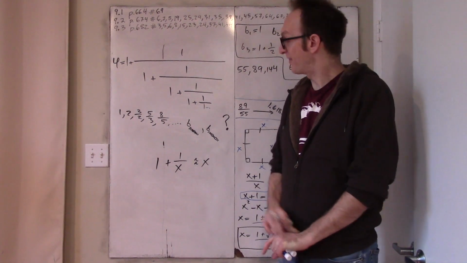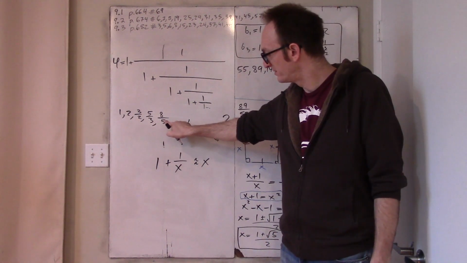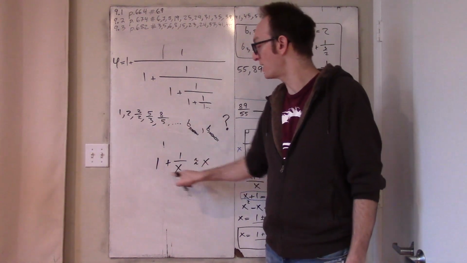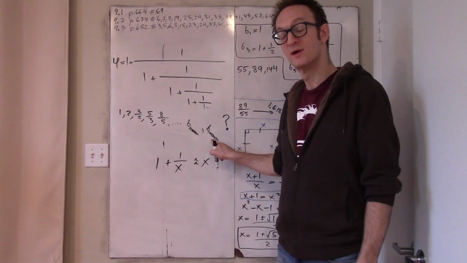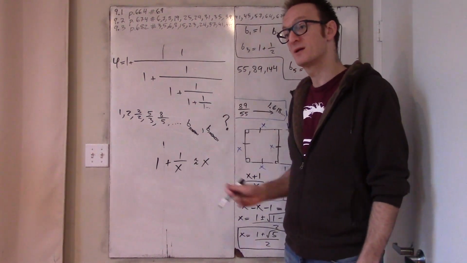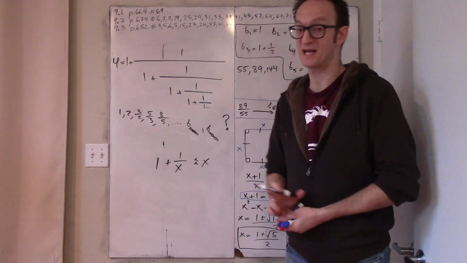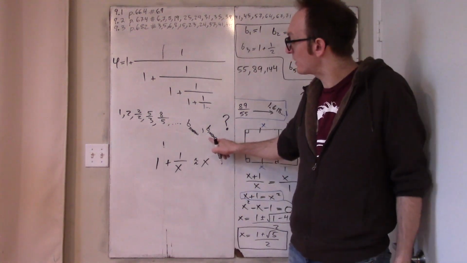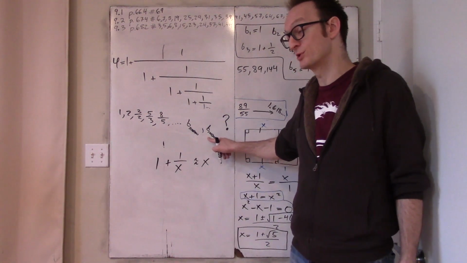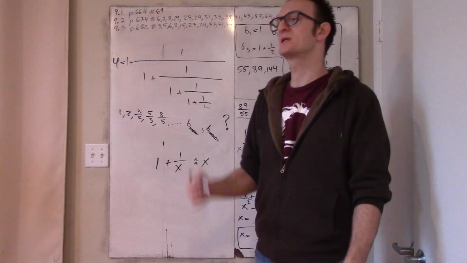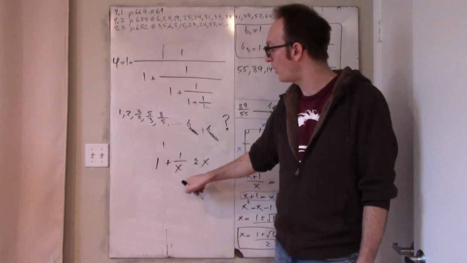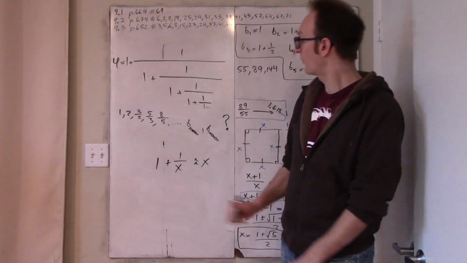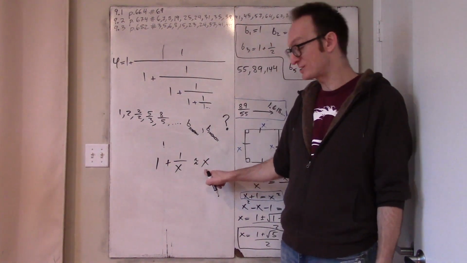I proved that this sequence has the property that if I take a term, say the 1,000,000th term, reciprocate and add 1, I get back the next term of the sequence. But if this sequence has a limit, and informally we've determined that it does, then what is that limit? The limit, the number that the sequence is getting closer and closer to, must be a number that has the property that when you reciprocate and add 1, what you get back is basically the same thing. So what is a number which when I reciprocate and add 1 barely changes that number?